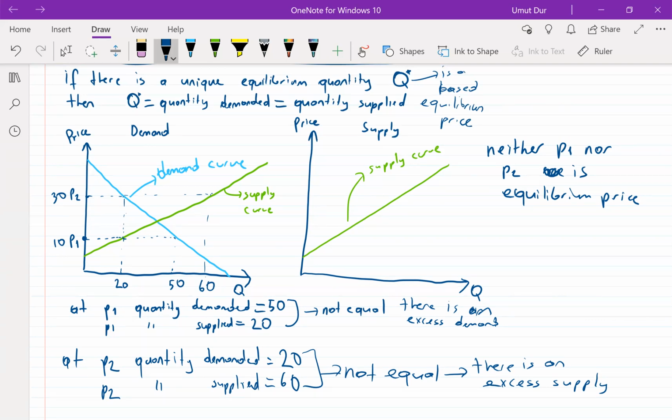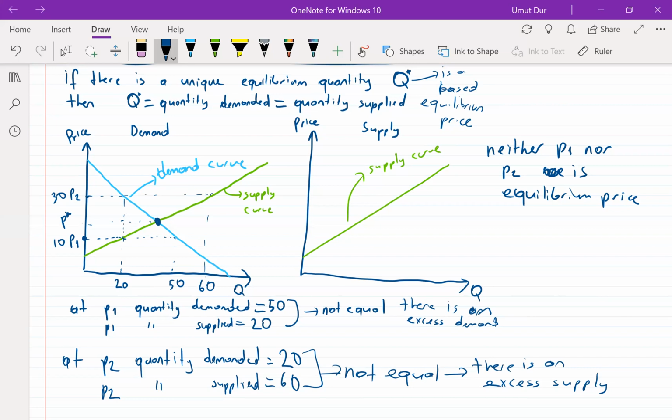Yes, basically the point where the demand and supply curves intersect. In all demand and supply functions that we will be interested in for this course, they will intersect at most at one price.